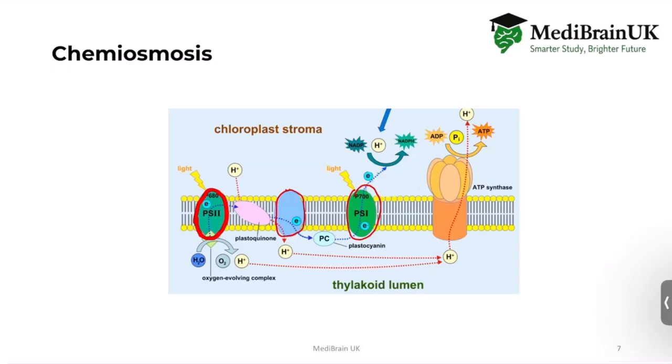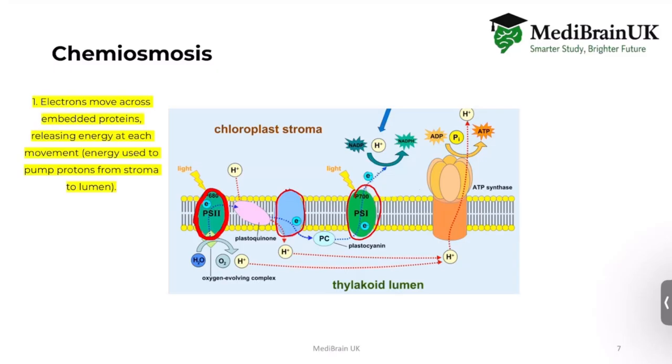So in chemiosmosis, what is actually happening? Well, the electrons are moving across these embedded proteins and they're releasing energy at each movement. We've already discussed that. They're jumping across from protein to protein to protein and releasing energy at each stage of movement. And why are they releasing energy?